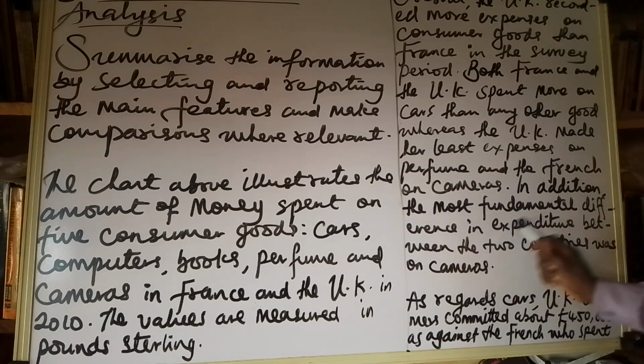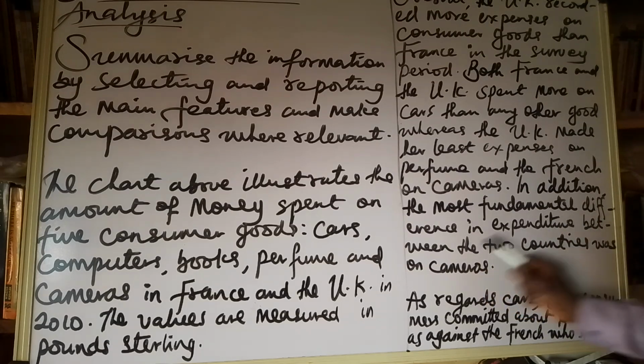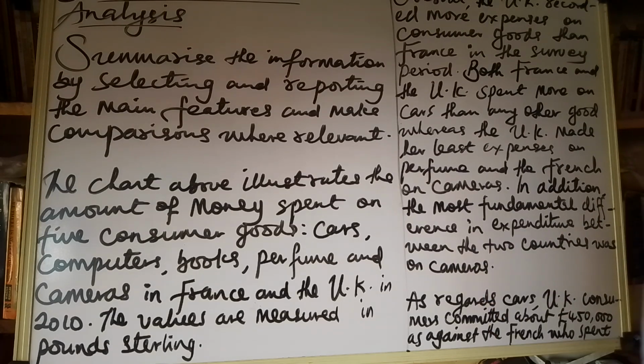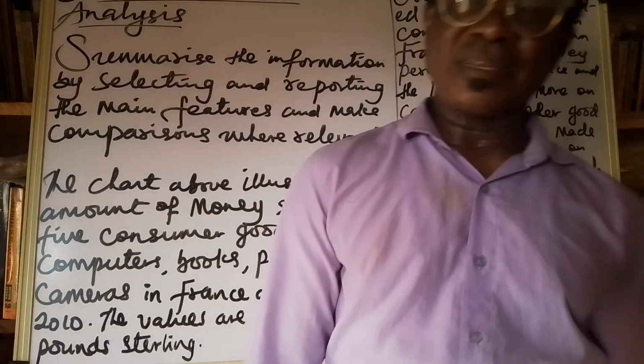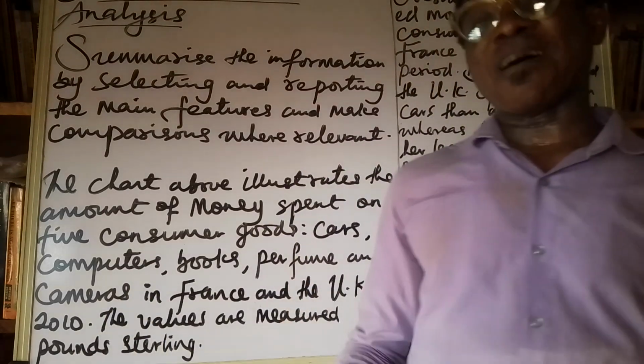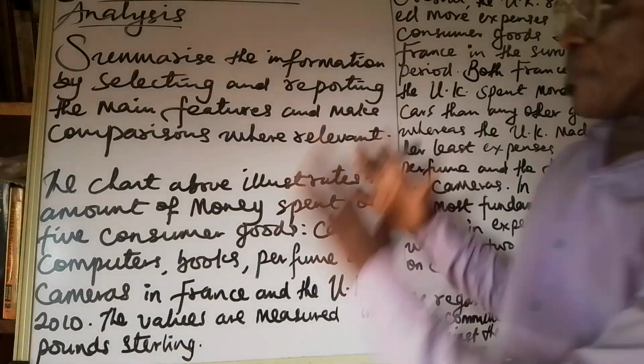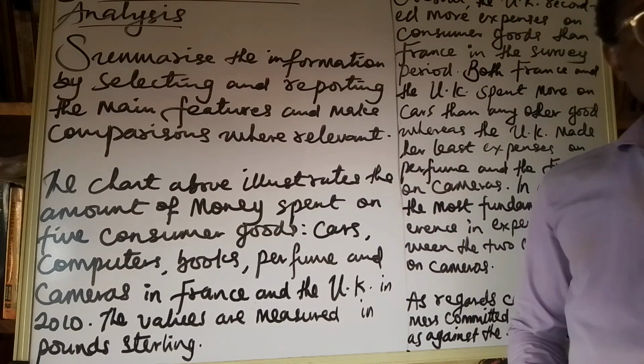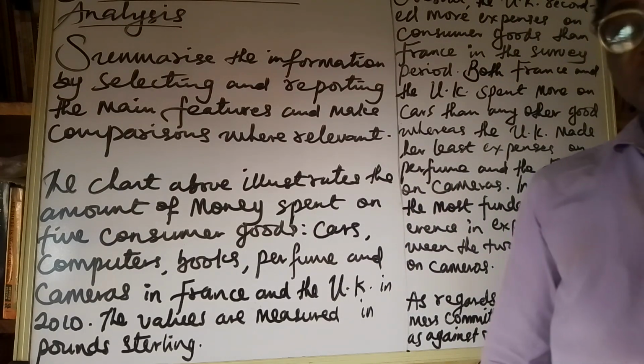In addition, the most fundamental difference in expenditure between the two countries was on cameras. That is the overview. And these facts have been stated when we made the analysis of the bar chart.